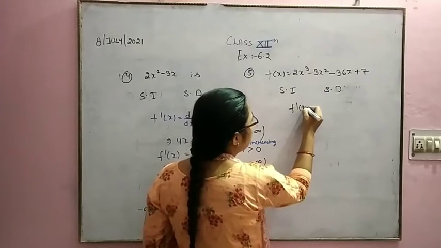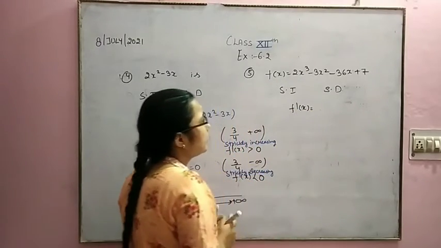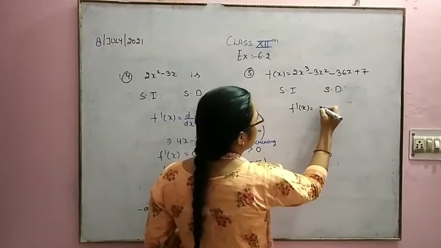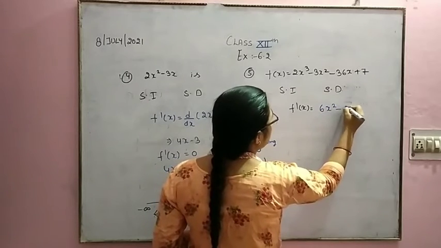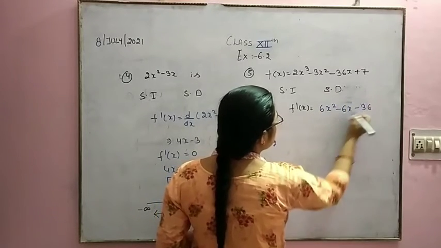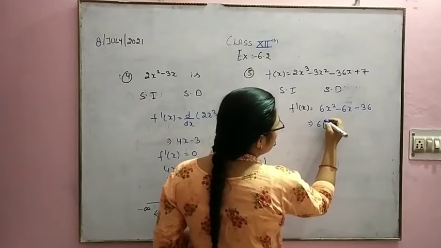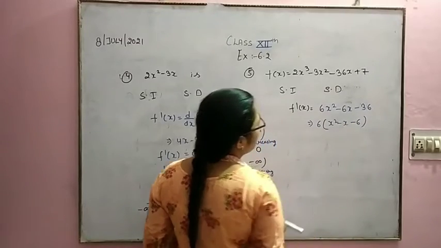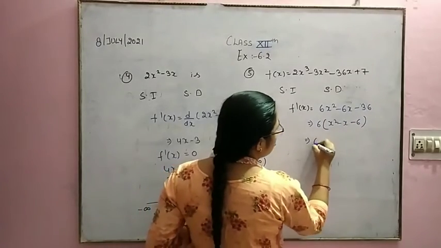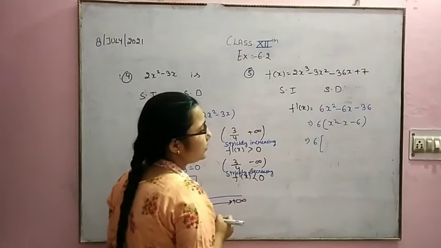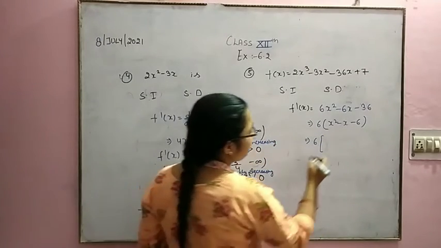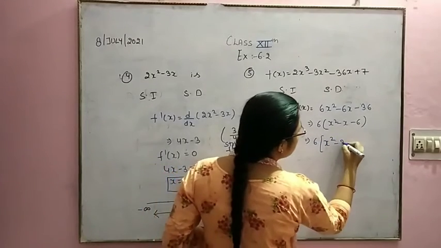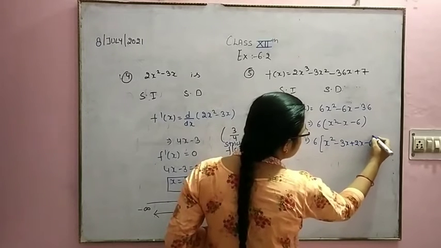Now come to question number 5. Firstly, find f dash x. That means we have to differentiate the given function with respect to x: 6x square minus 6x minus 36. Firstly, taking 6 common, we get x square minus x minus 6. Now split the function x square minus x minus 6: x square minus 3x plus 2x minus 6.